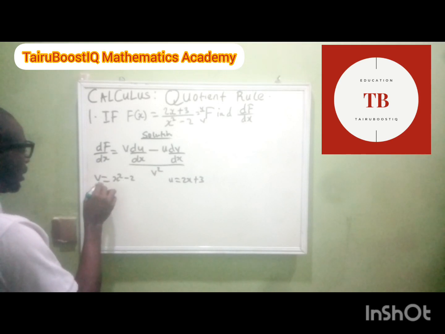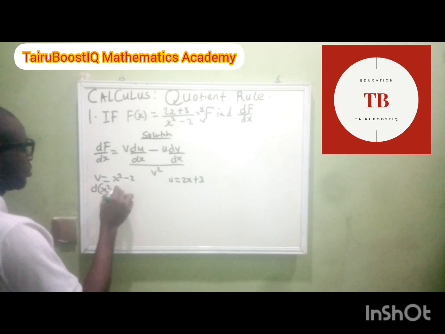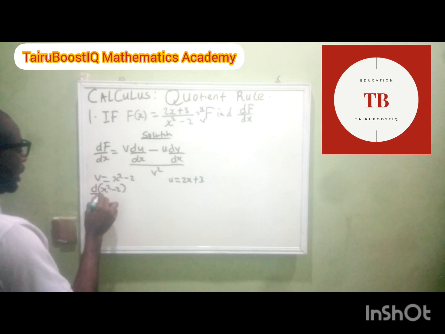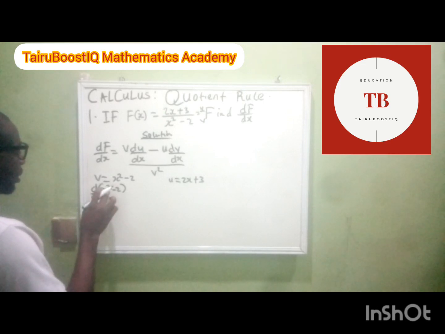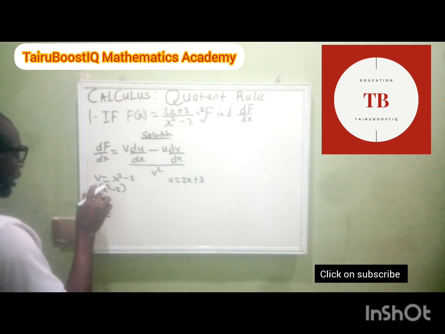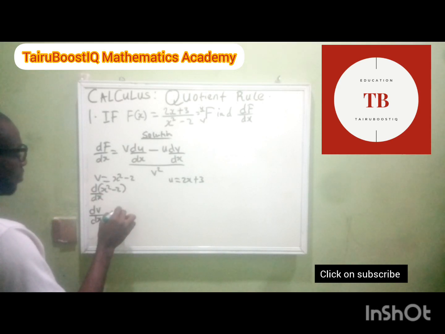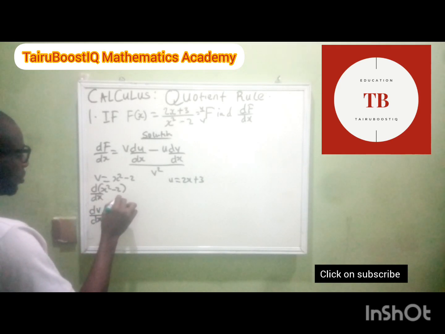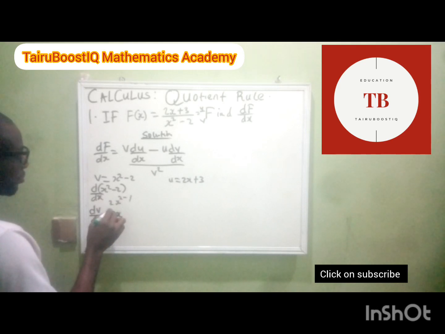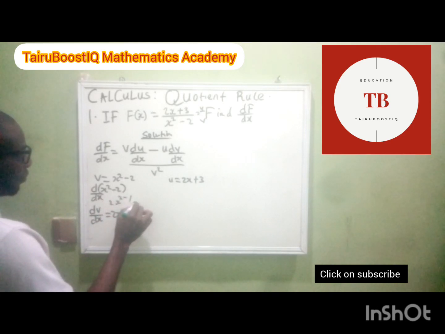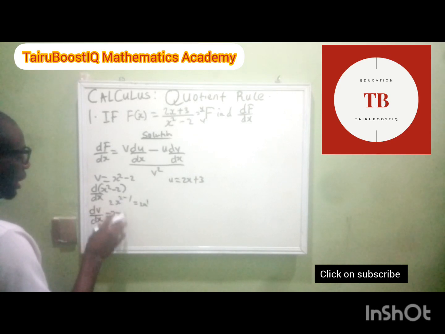So we are going to find the derivative of x squared minus 2 with respect to x. The derivative of x squared: you bring down the 2, and 2 minus 1 is 1, so we have 2x raised to power 1, and any number raised to power 1 is still that number.